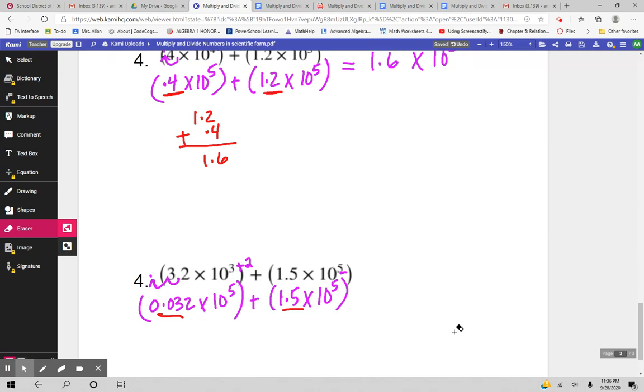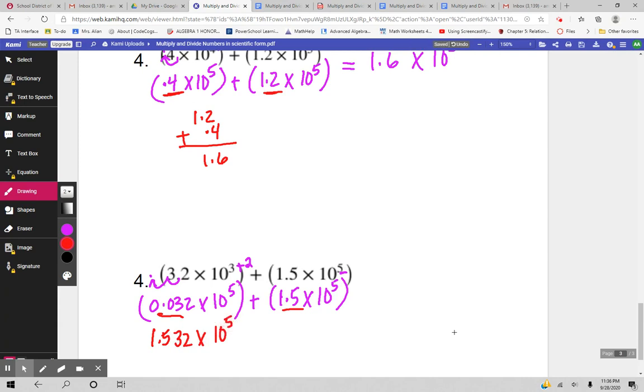And the answer for this was 1.532 times 10 to the 5th power.